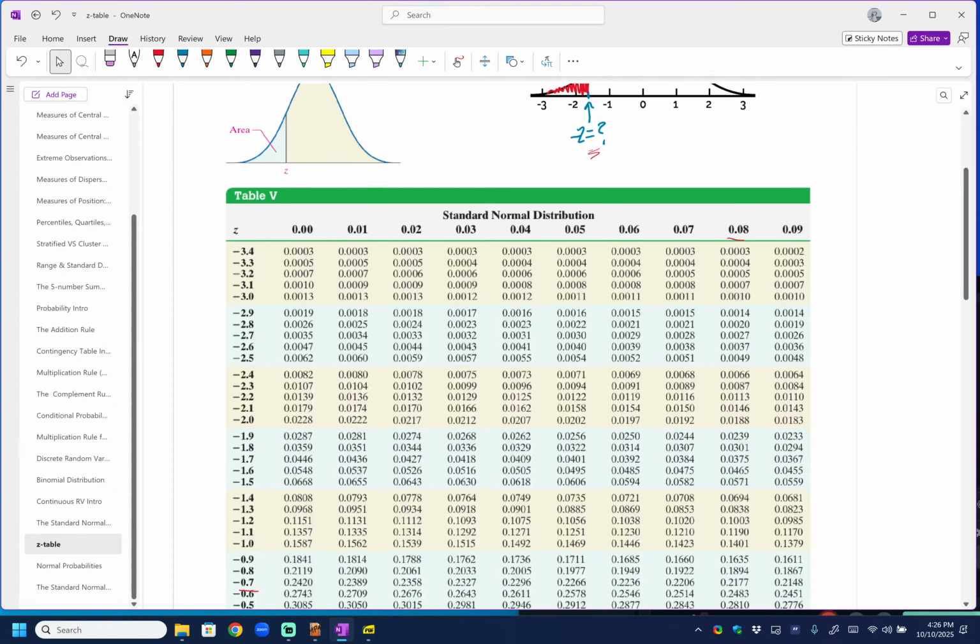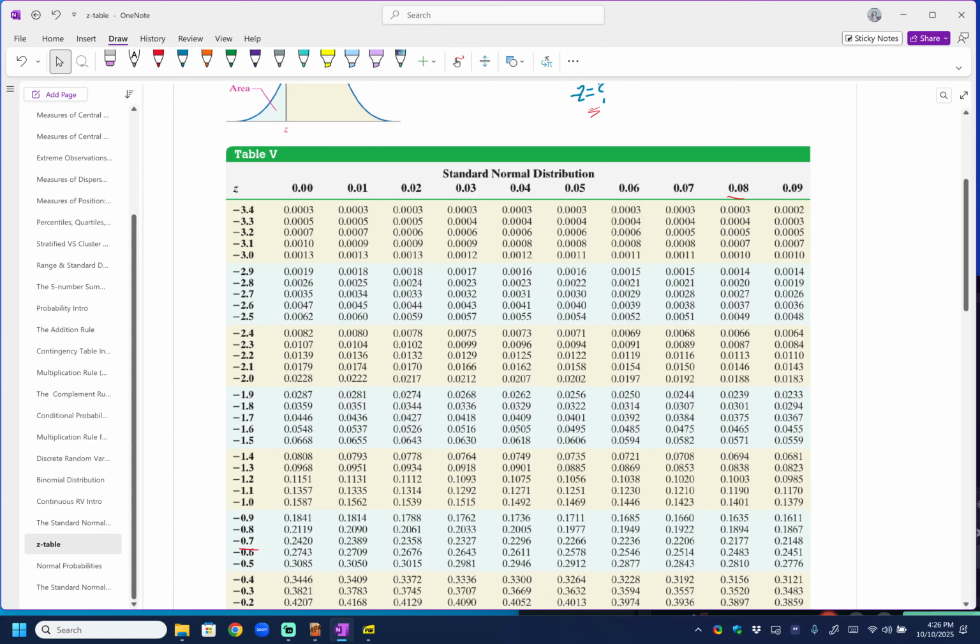Well, it's a little bit of a different task than the reverse process, because if you look at the areas listed in the body all the way throughout, there's just a lot of numbers and a lot of things skipped. So there's no guarantee we're going to find the exact number 0.0400, but we're going to try, right?